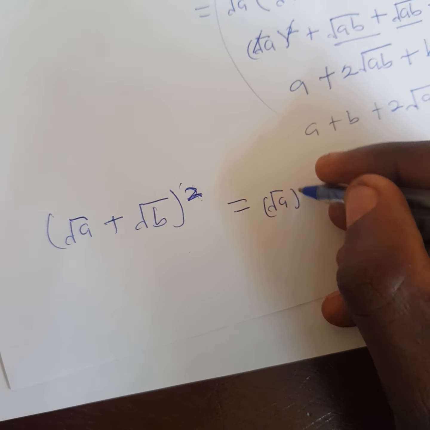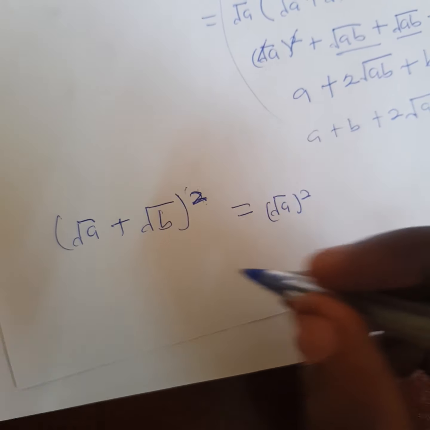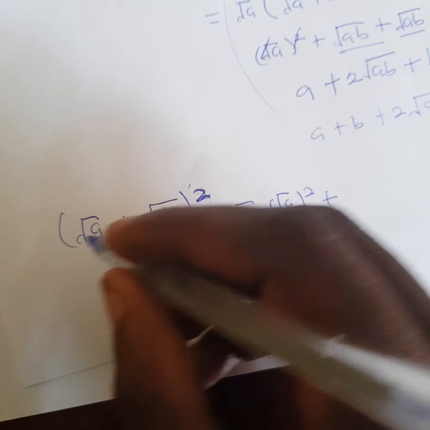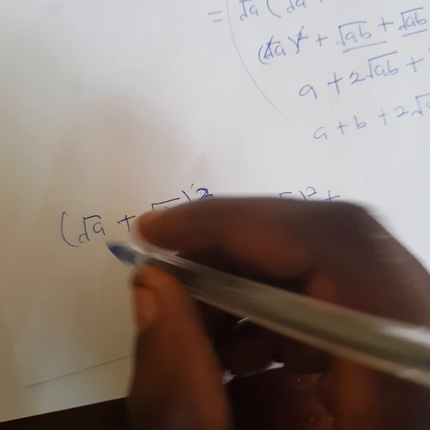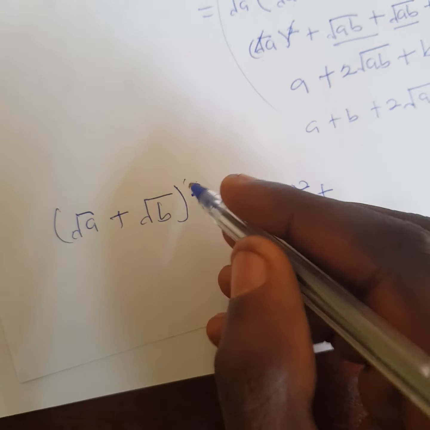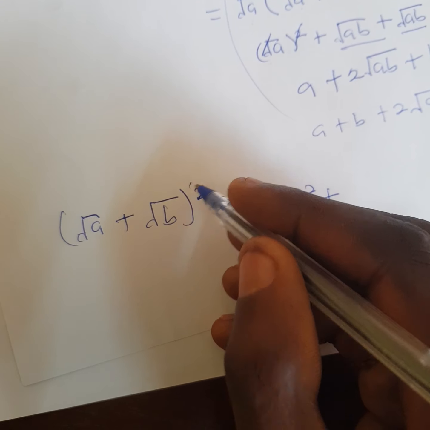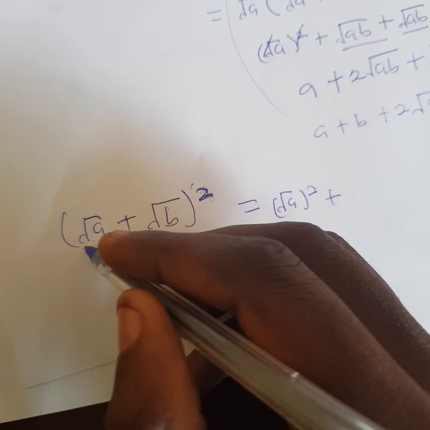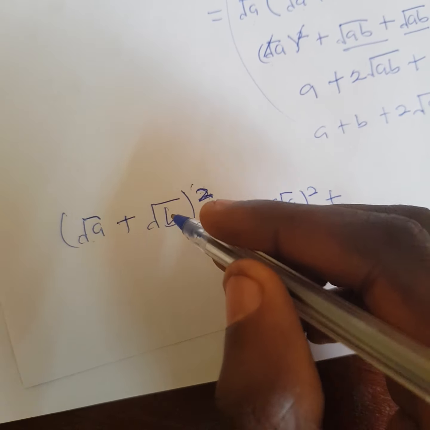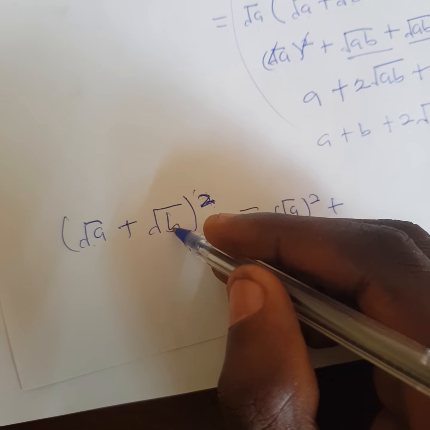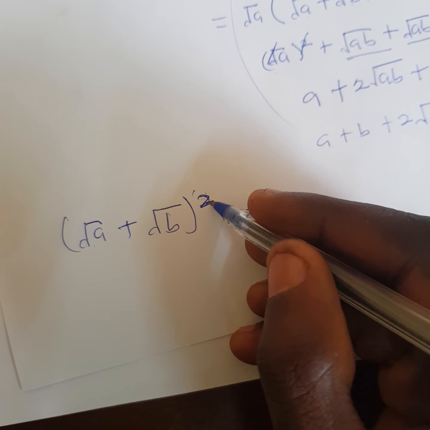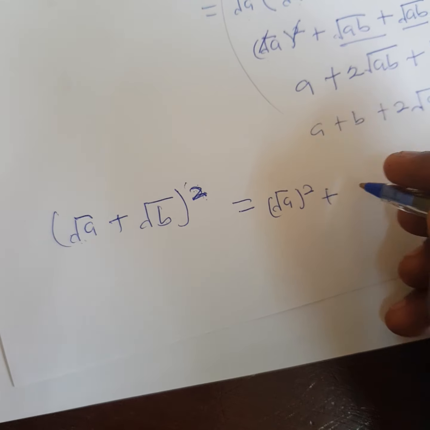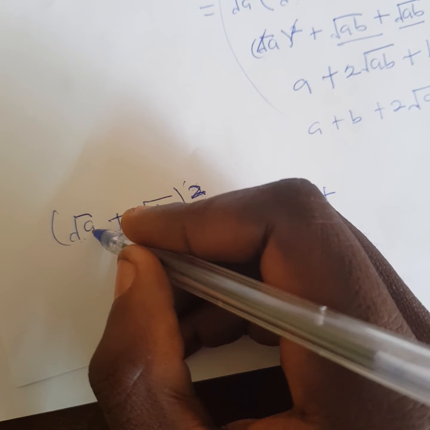Pick it. So when we square the first term, we have root of a all squared. Then plus, you pick the square root, multiply by the second term. Use the whole of what you've gotten, multiply it by the next term. So 2 times this, you get 2 root of a.